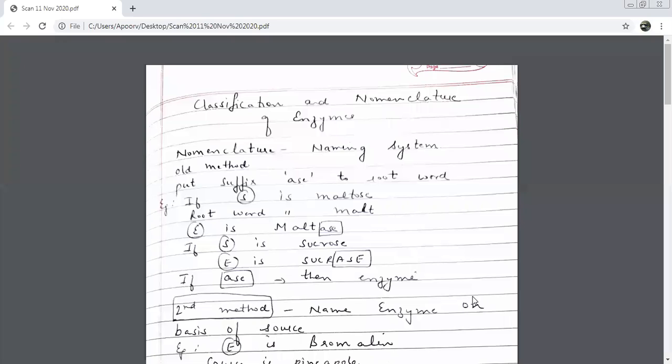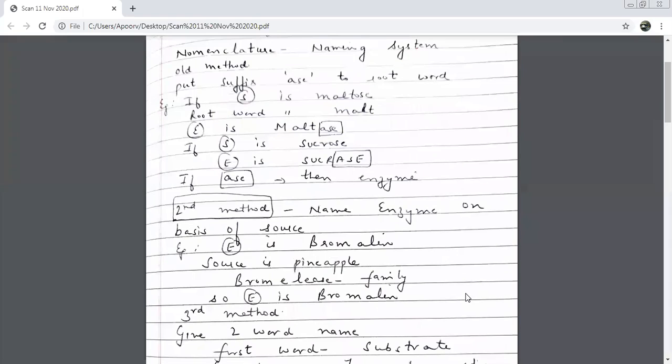Because it has been used for so many years, we still keep using these names, maltase, sucrase. This is one of the oldest systems of naming the enzymes, and for many years we kept using this system only, so still in many books you will find the naming by this system.